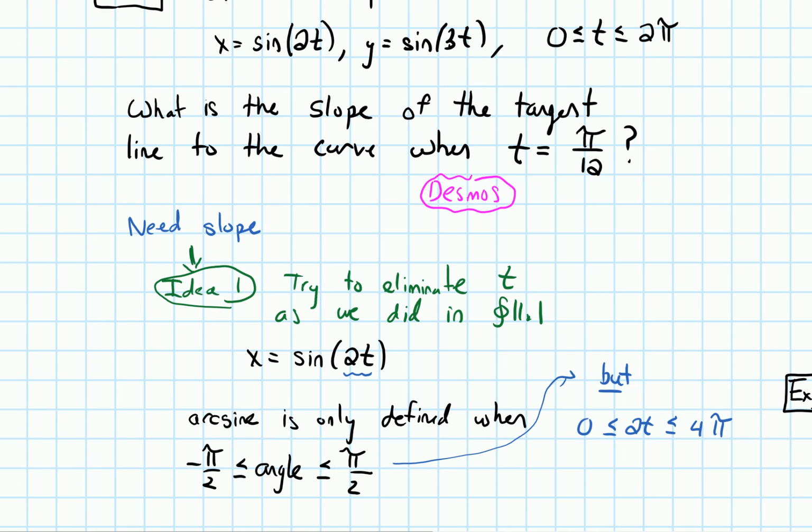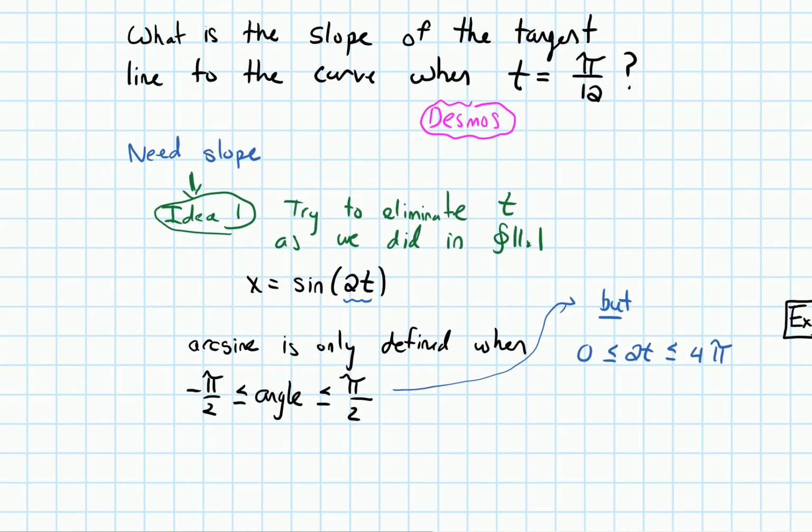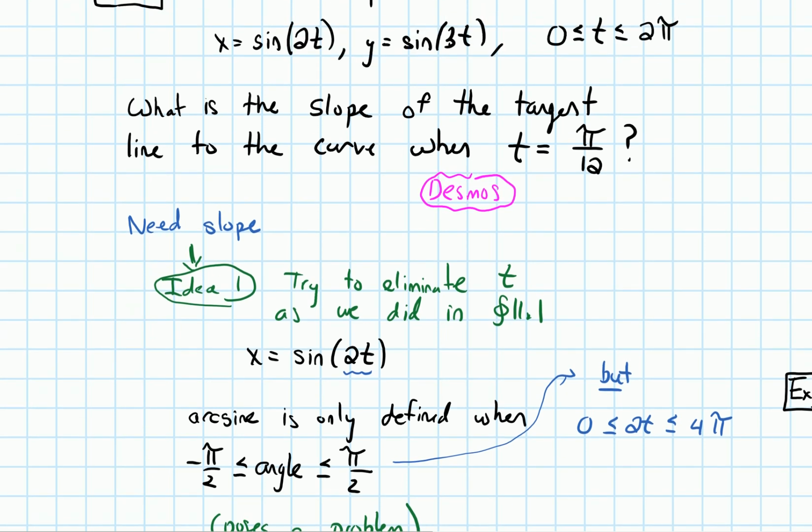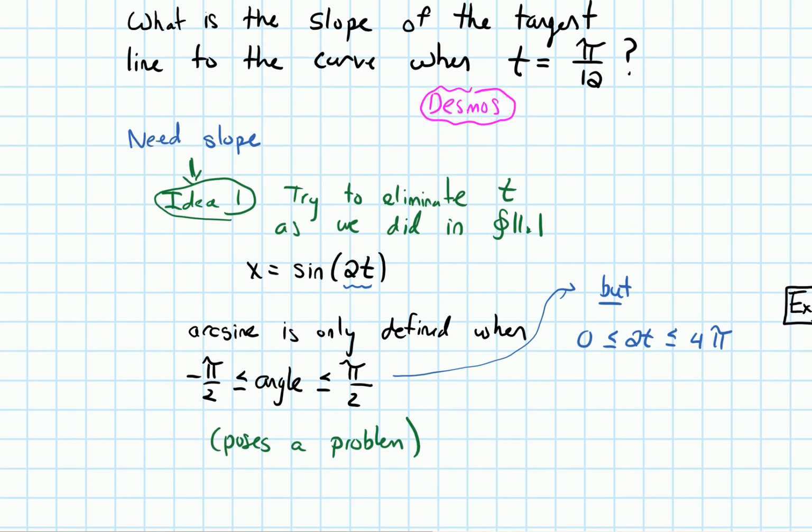So that poses a problem. The other issue is, if you did try to isolate t using this arcsine, simplifying it after you plug it into the equation for y is tricky. That poses another issue.